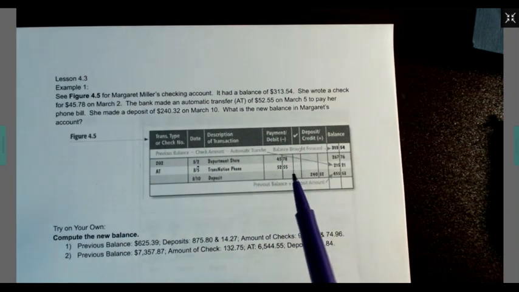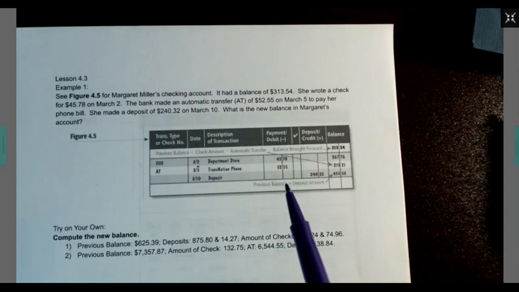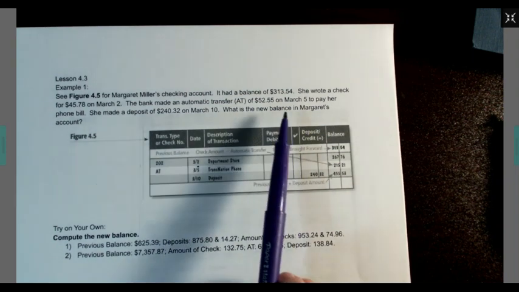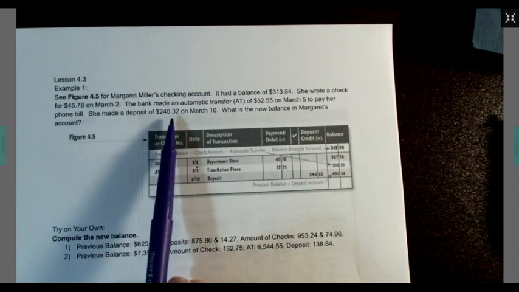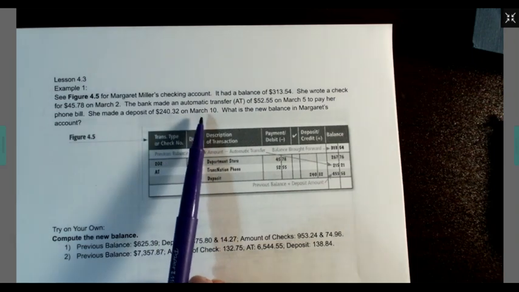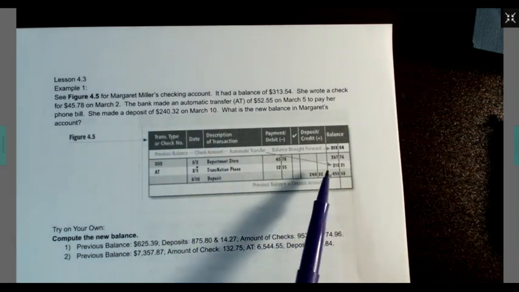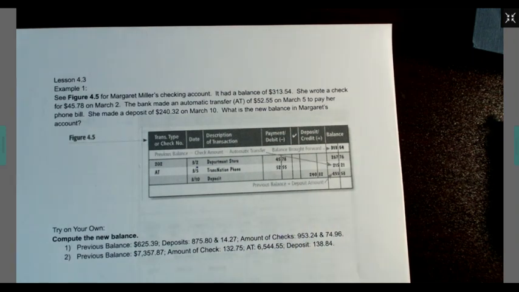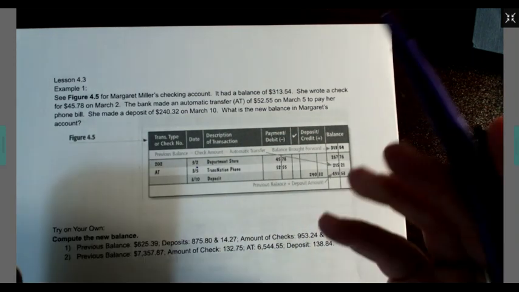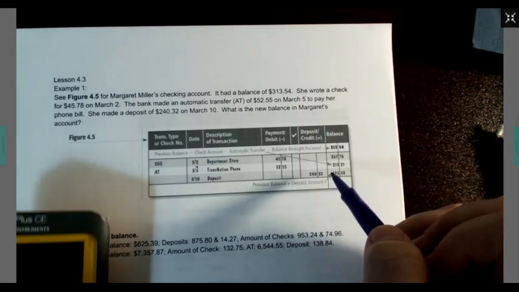Again, we're making payment for something, so this money is coming out of our account. Lastly, it says she made a deposit of $240.32 on March 10th. This is a deposit, so it is getting added into our account. So notice it falls under a different column.